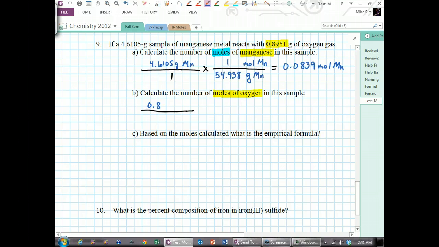So I put that on top, and that's equal to, well, I'm trying to convert this to moles. So I've got to find an equation or a ratio, one of the fractions, that will get me from grams to moles. The fraction that I'm going to use is the molecular weight. And 1 mole of oxygen, to figure out its weight, I look on the periodic table.